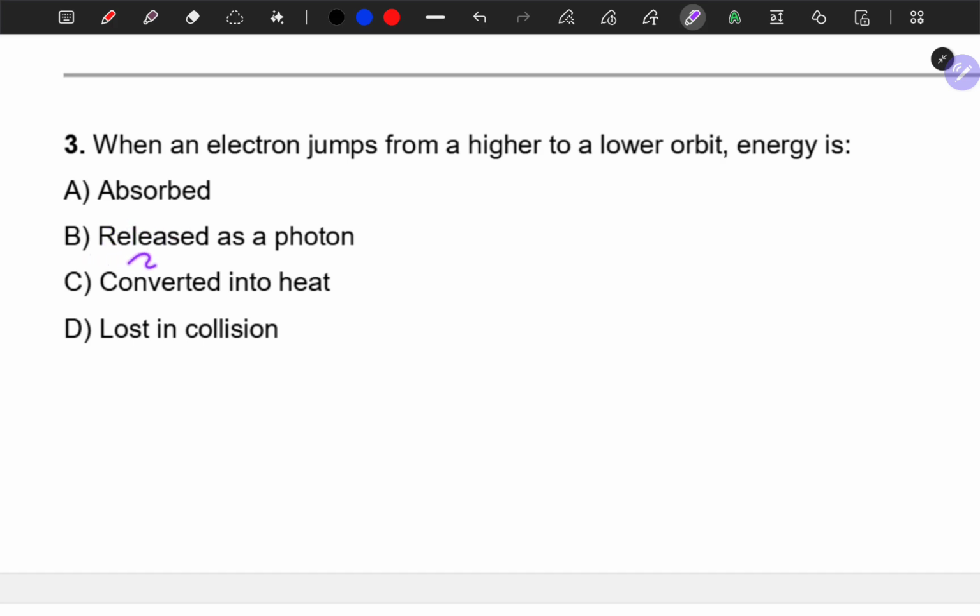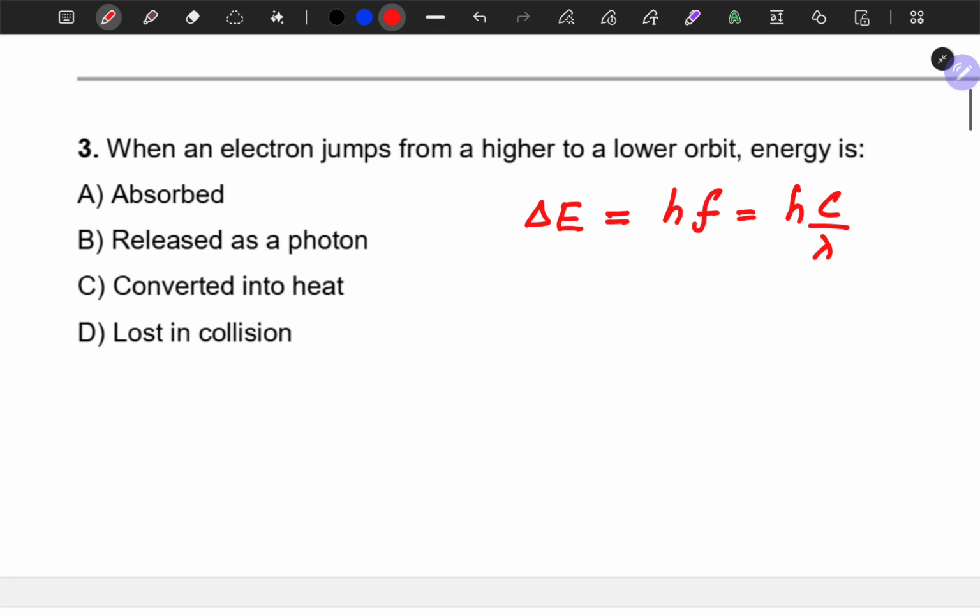Here the correct option is released as a photon, and actually this can be written as delta E, which is the gap or energy difference between these two levels, like if I say this is E2 to E1, that will be equal to hf, and it can also be written as hc by lambda, where f is the frequency and lambda is the wavelength.